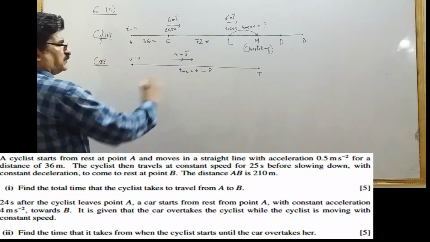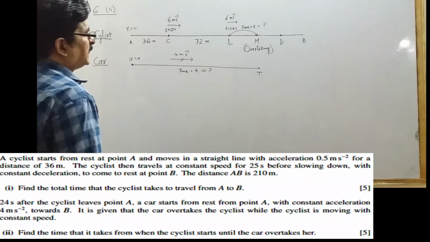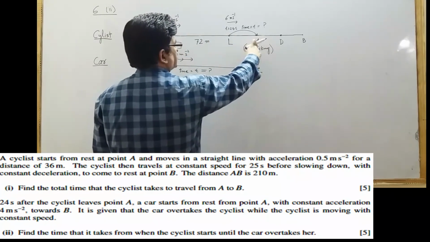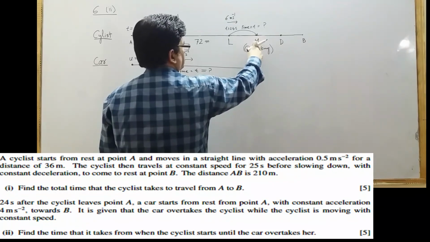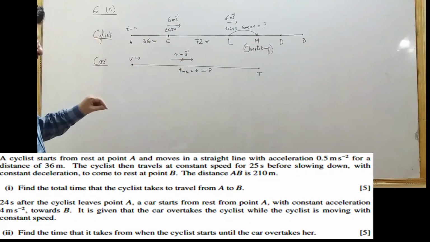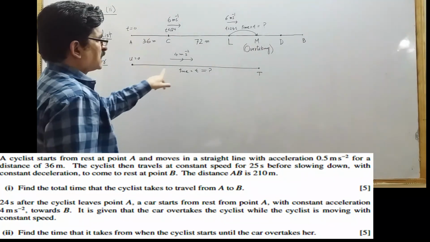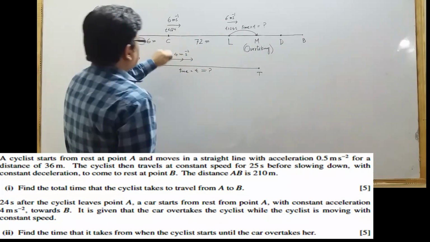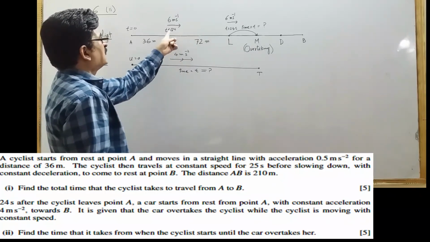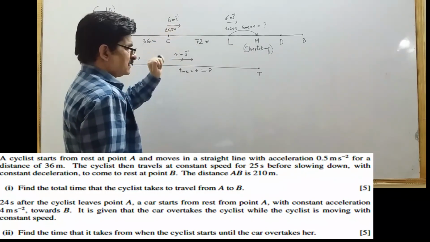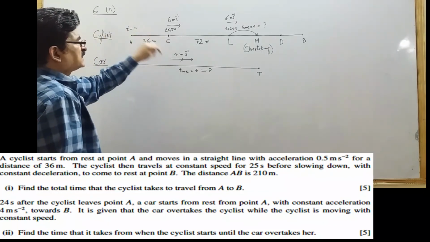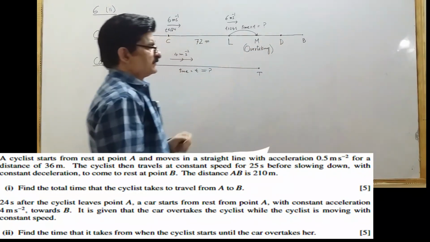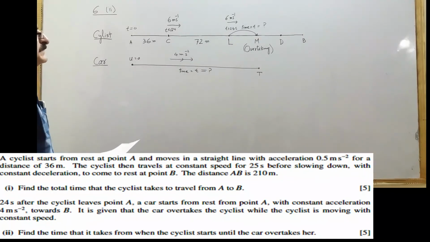Car starts after 24 seconds. In 24 seconds, the cyclist will reach some point, suppose M. It is given in the question that the car overtakes the cyclist when the cyclist is moving with constant velocity 6, which means the car overtakes during the second stage of motion from C to D, as we have seen in part 1.